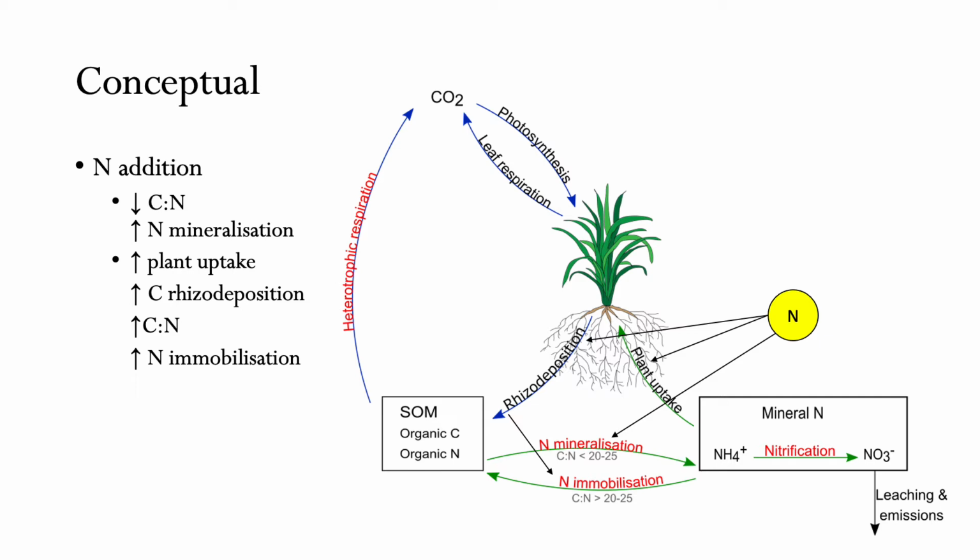So there are a lot of arrows here, and these are quite controversial theories that are being discussed. It's not really clear what is actually driving the processes that regulate carbon and nitrogen cycling in the system. And during my PhD, I tried to look into these processes.